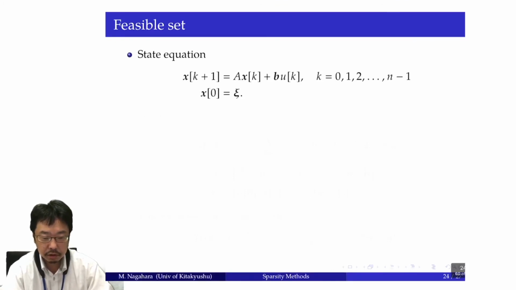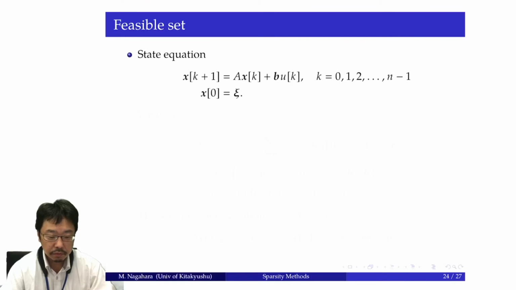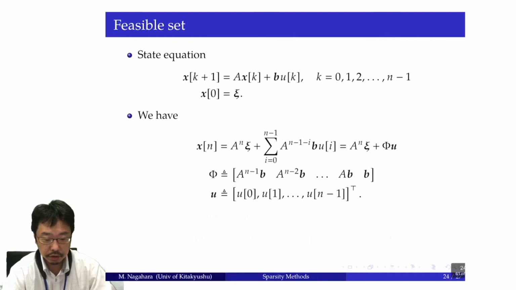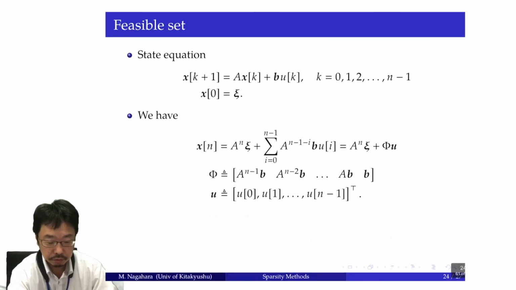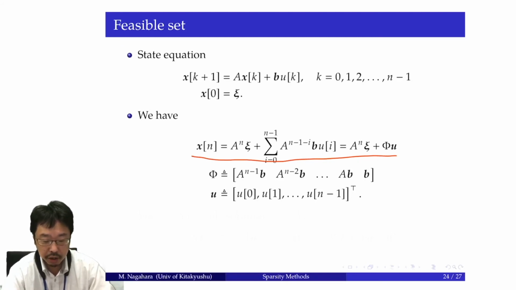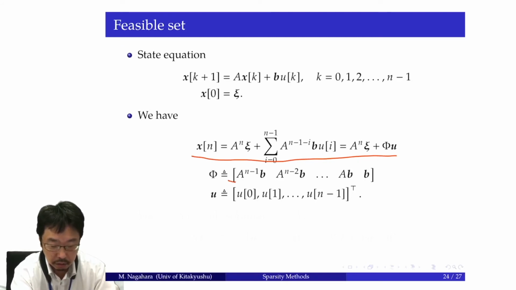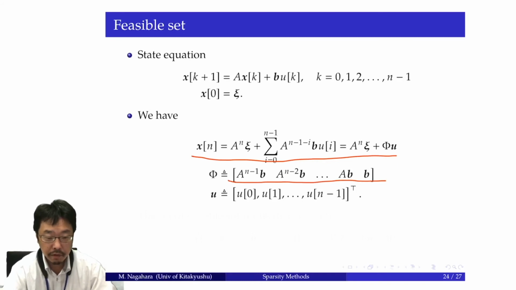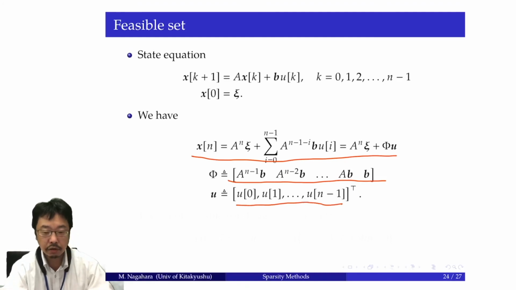First, let us consider the feasibility of the control problem. From the state equation here, we have the solution described by this equation, where the matrix phi is defined by this, and the vector u is the control sequence, including u0, u1, ..., u_{N-1}.